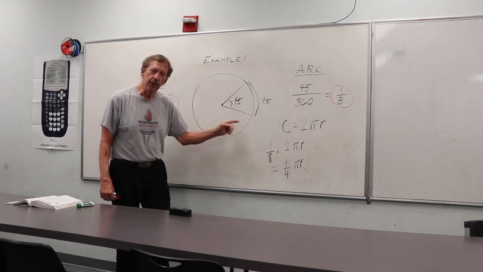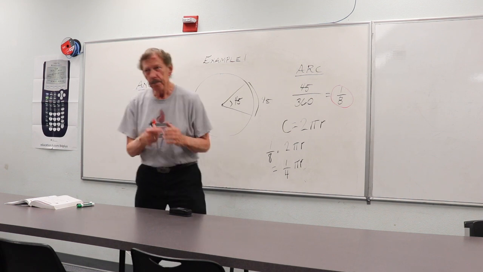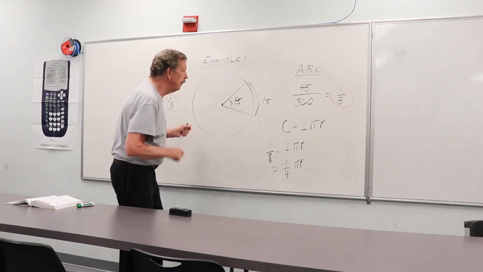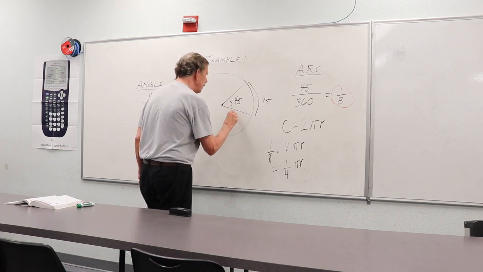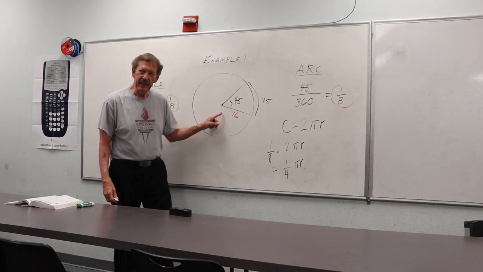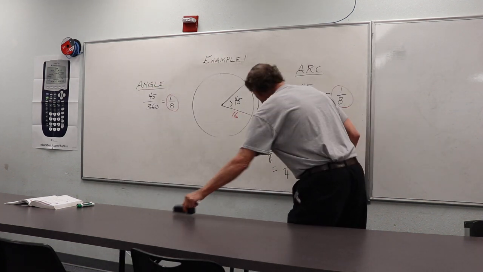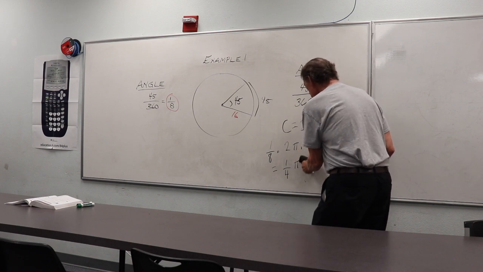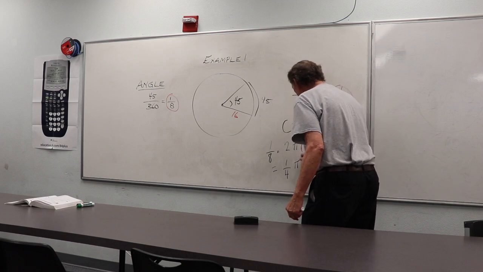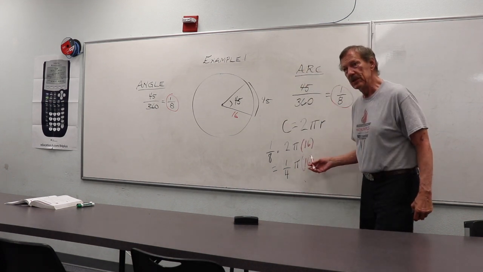If we knew the radius of the circle or the diameter, because you see a diameter is just 2 radiuses. If we make the radius 16, then where there's an r in our formula, we can put that 16.